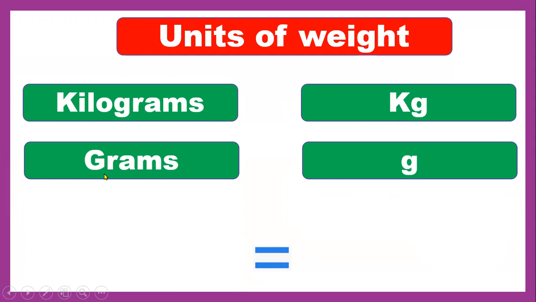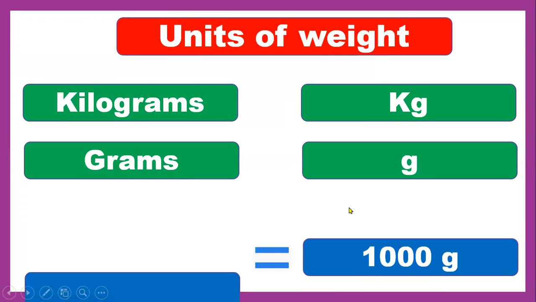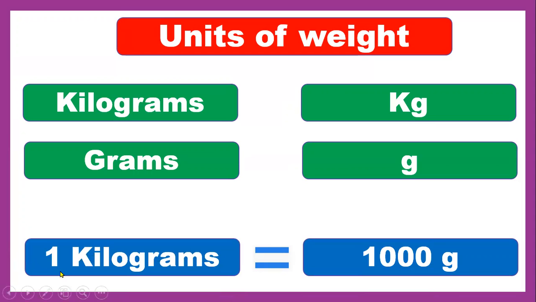And number two is grams, which we can write simply as g. In 1 kilogram, there are 1000 grams. So you have to keep in mind that 1 kilogram equals 1000 grams. How many grams in 1 kilo? 1000.